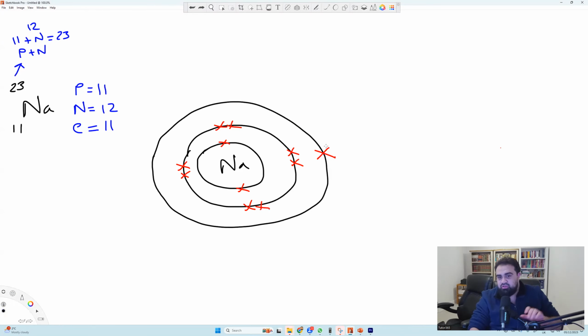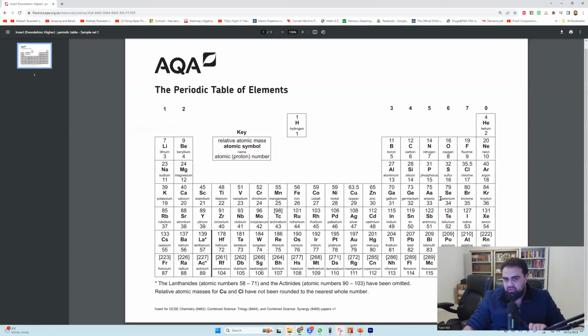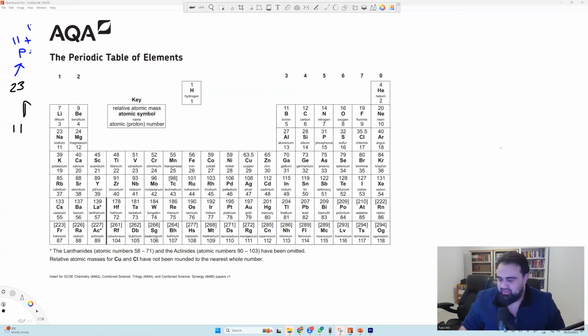Now, who's it going to give that electron to? Well, metals bond with non-metals. So do you know where the metals and non-metals are on the periodic table? This is the periodic table. We have the metals, and we have the staircase here.